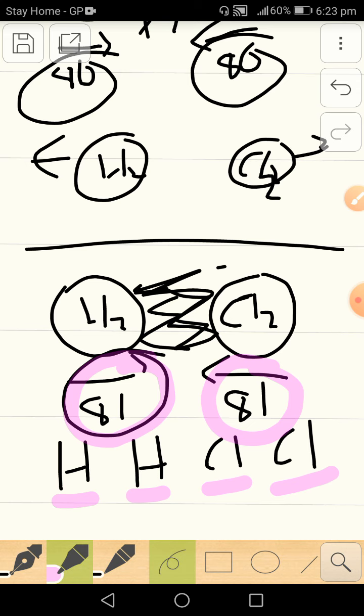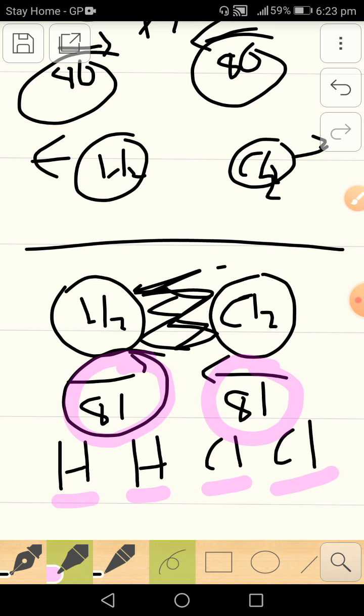So if the particles collide with a minimum energy of 81 kilojoules, they would react. That means if these particles have any amount of energy equal to or greater than 81, then the particles would react.